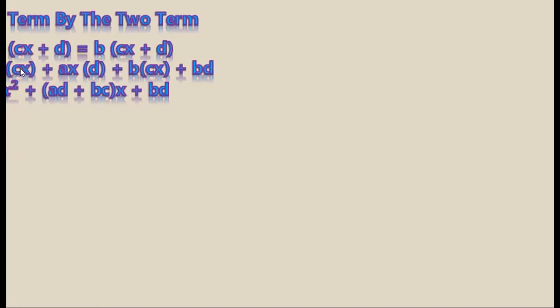So a times x in parentheses c times x plus a times x in parentheses d plus b times in parentheses c times x plus b times d.